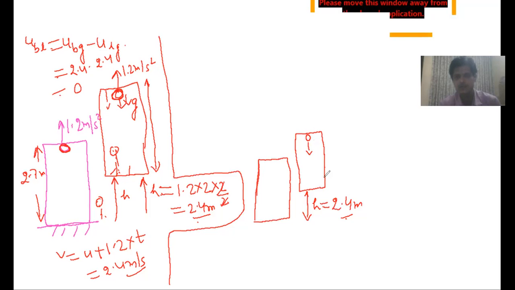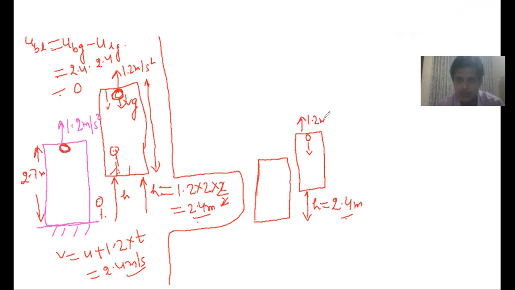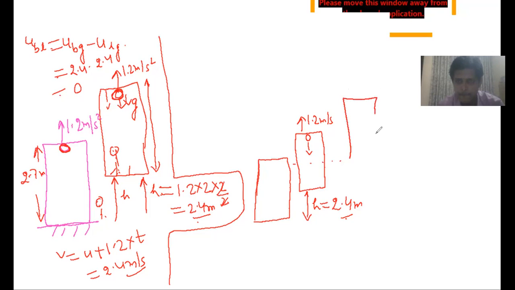With respect to ground, we need to analyze the motion of the bolt. Suppose the bolt has fallen and this lift is also moving. It has an acceleration of 1.2 meters per second squared. Suppose the bolt has fallen and this lift has come to this point.